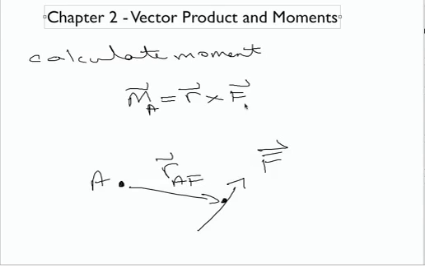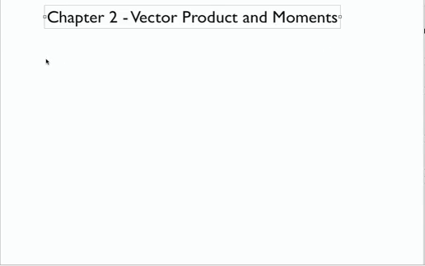So there might be some special cases that we should be interested in. One of those special cases is to assume that R makes a 90-degree angle to the force that we're interested in, from A. So this makes 90 degrees. This is the vector there.